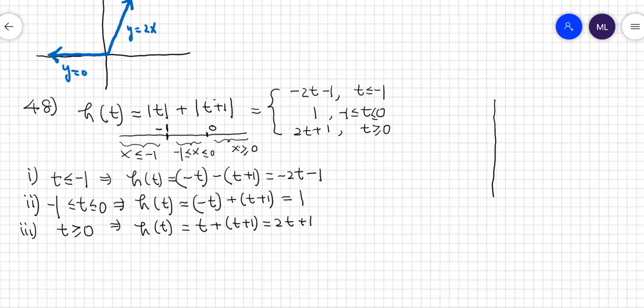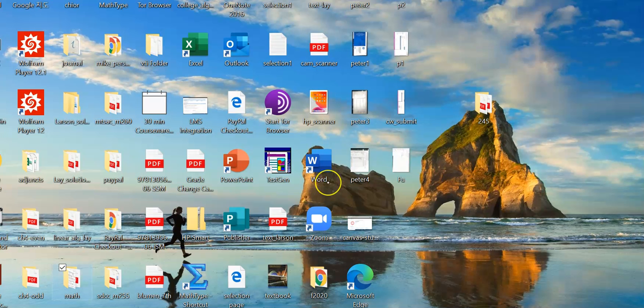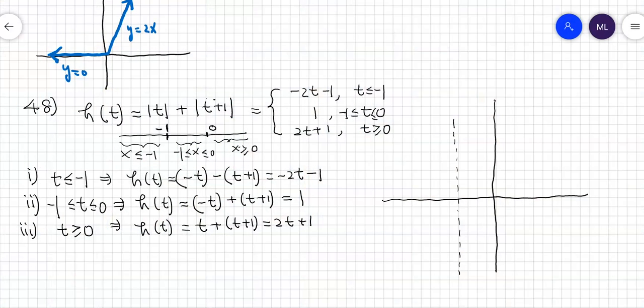So to graph, let's see here. So we have negative 1 and 0. Say this is negative 1. What is negative 2t minus 1? It is negative 2t minus 1, but this is only valid from here on.